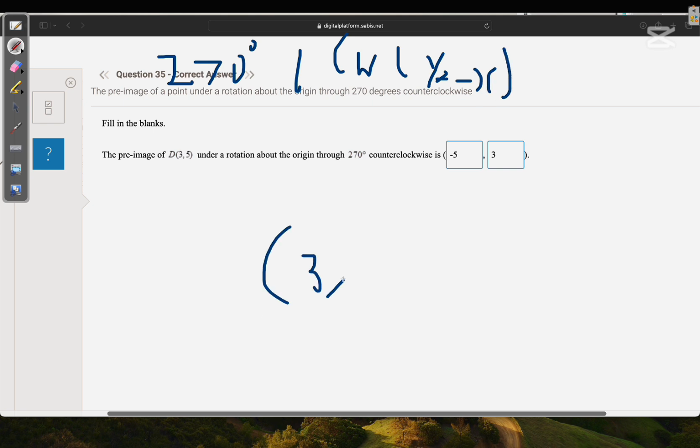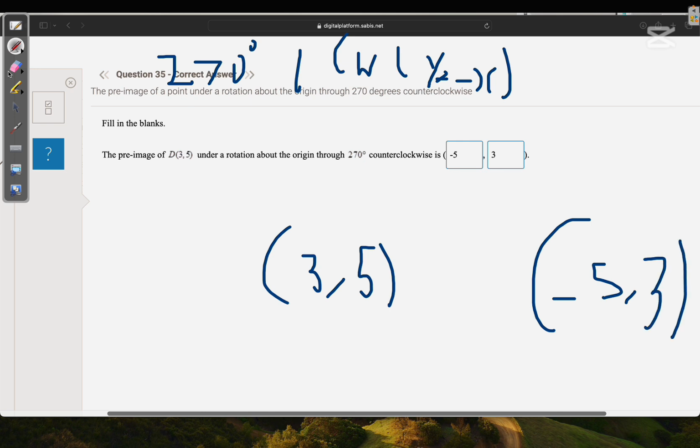So we need to find the pre-image, which is like the original. So that means x was -5, and then y just stays the same, but we put it at the actual spot, so it's (-5, 3) as we have here.